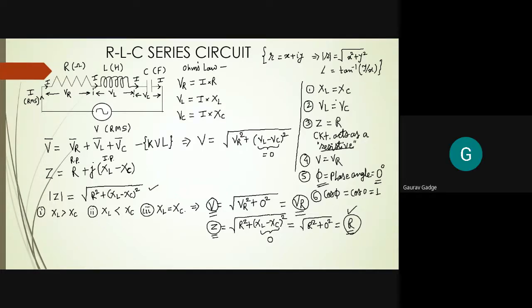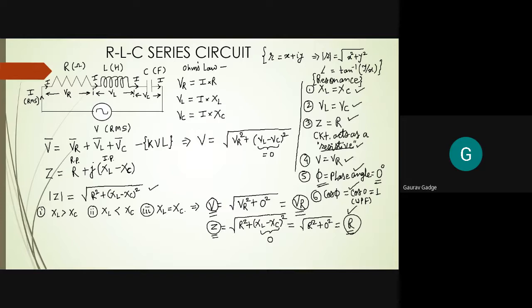So it means under resonance condition, we are getting these 6 parameters. First, XL equal to XC, VL equal to VC, Z equal to R. It means the circuit is pure resistive. V is equal to VR, phi is equal to 0, and cos phi is equal to 1. And cos phi equal to 1 under this condition means it's a unity power factor.